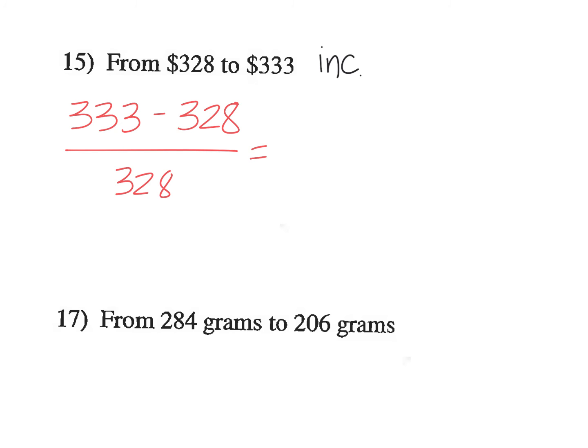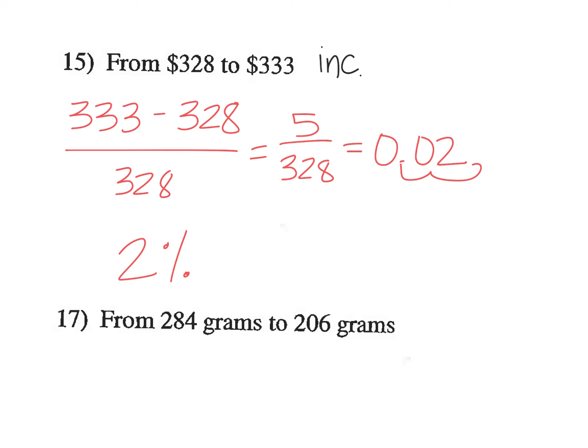So we have 333 minus 328 is obviously 5 over 328, which would be, rounded to the nearest hundredth, 2 hundredths. So then remember we change that to a percent and we get a 2% increase.